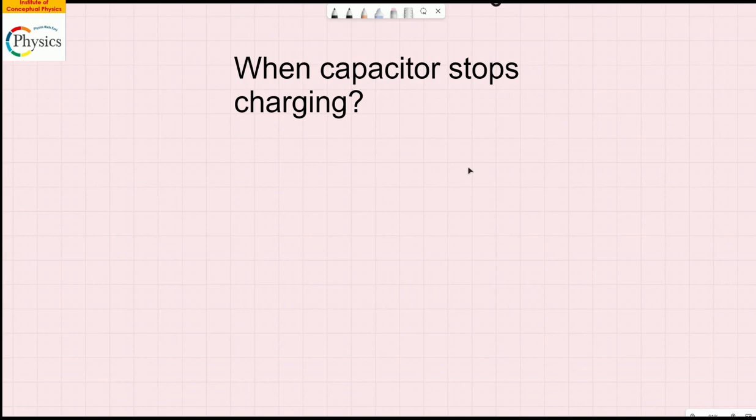All right, so very important question on when does a capacitor stop charging. So if I draw a capacitor for you, like this, the capacitor stops charging when there are two situations, and you must know both the situations as a beginner student who is new to the world of capacitor.